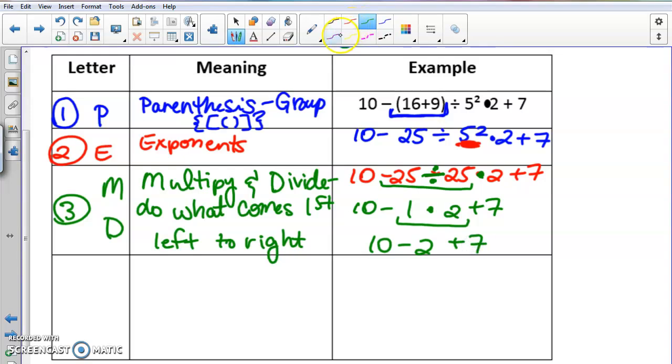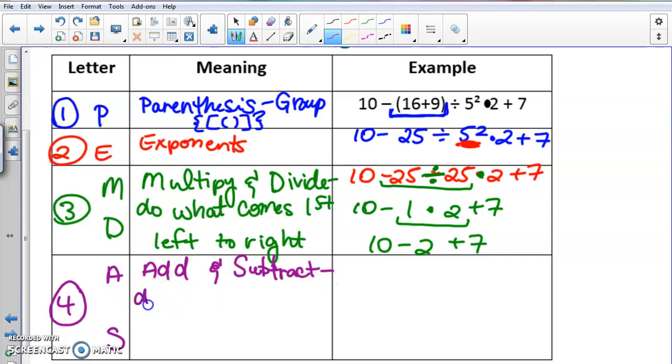Now for our last step, 4. The same thing goes for addition and subtraction as for multiplication and division. We're going to add or subtract, all in the fourth step. Hopefully your handwriting's prettier than mine right there. And once again, we're going to do what comes first.